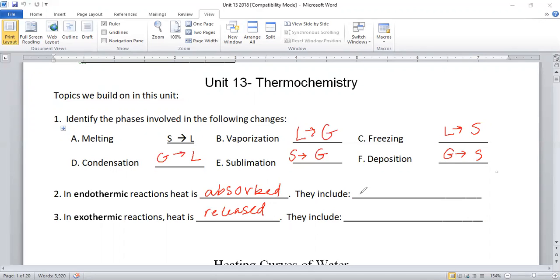So we have melting, vaporizing or boiling, and then sublimation, choice E. And then the ones that are exothermic need to get rid of heat in order to happen. So we've got freezing, condensation, and deposition.